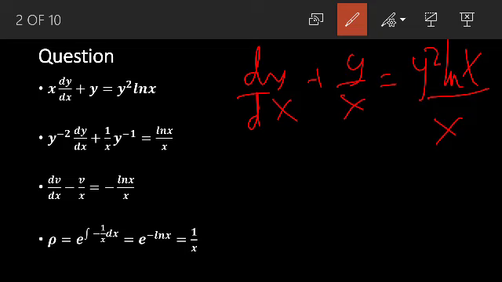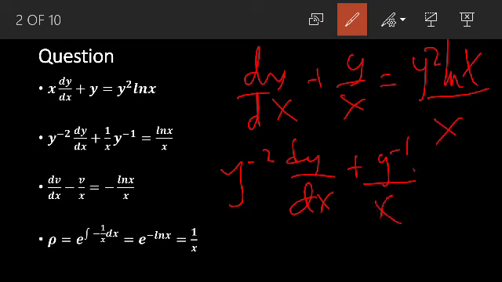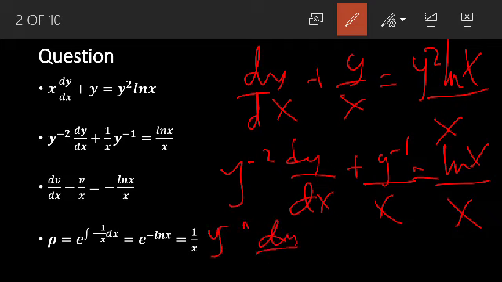So we can divide through by y squared, and if we do that, this is going to give us y raised to power minus 2 dy/dx, plus y raised to power minus 1 over x, equal to ln x all over x, which is looking exactly like the Bernoulli equation, which is supposed to be y raised to power minus n dy/dx, plus y raised to power minus n plus 1 times p, equal to q.